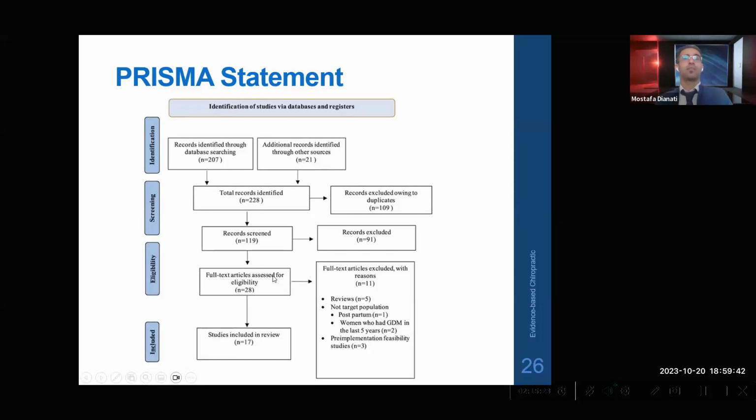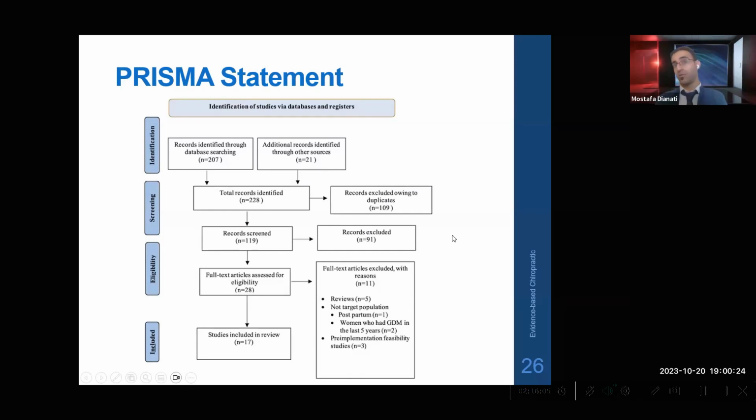Then we have full-text articles. When you are reading full-text articles, it is highly likely that you will also exclude some studies, and this can be related to a wide variety of reasons. First you thought that this record may bring some valuable evidence, then you realize that, oh no, this is not about my target population, or maybe this is a letter to the editor, or this is a review study, because you cannot include a review study in a systematic review.